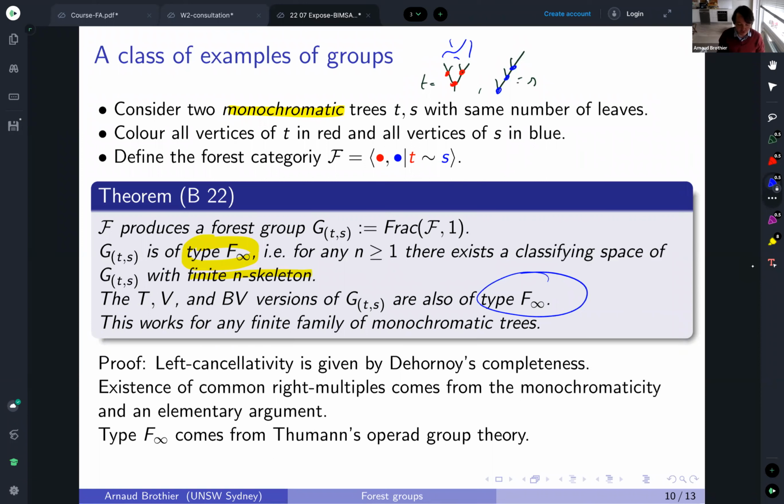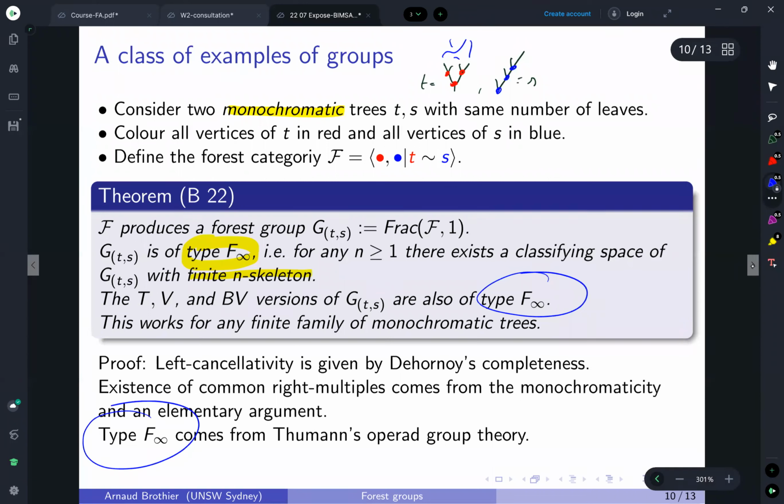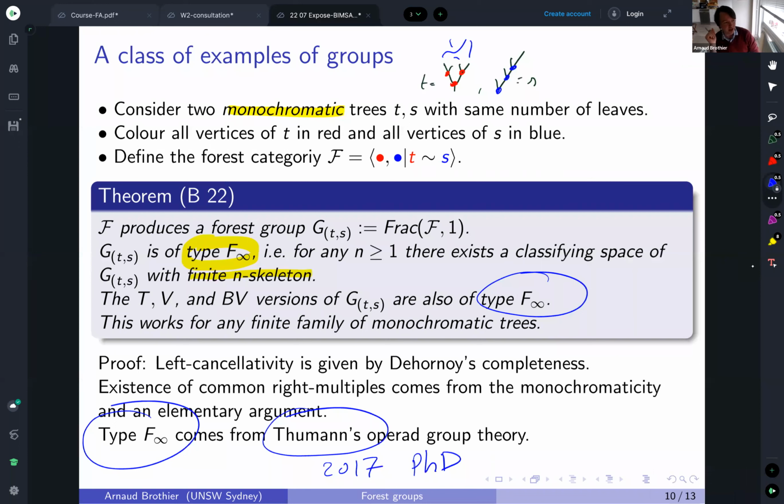How do I prove type F infinity? Well, here I was quite lucky because I could use a different theory that was done by Thumann in 2017. He did his PhD, so the article is 2017 and the PhD is right before. And Thumann did a brilliant PhD that came after a lot of theorems in this topic.